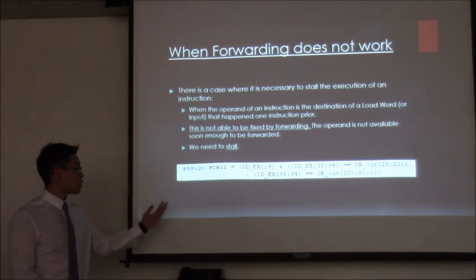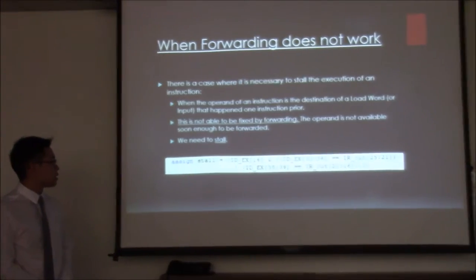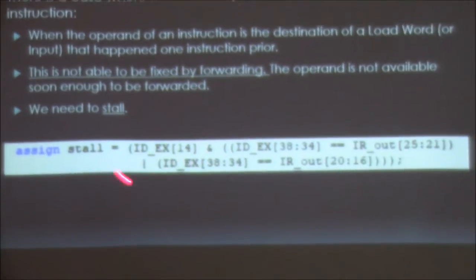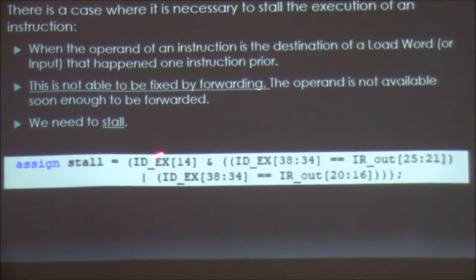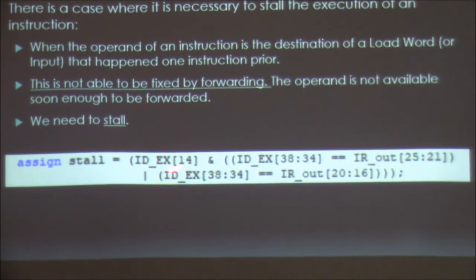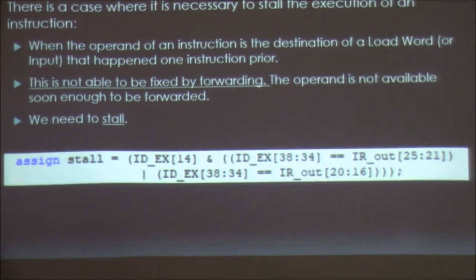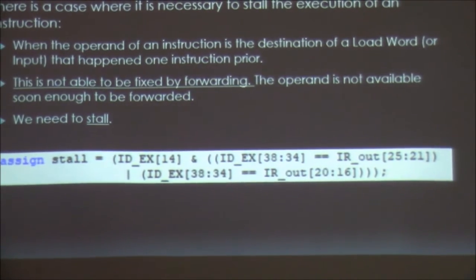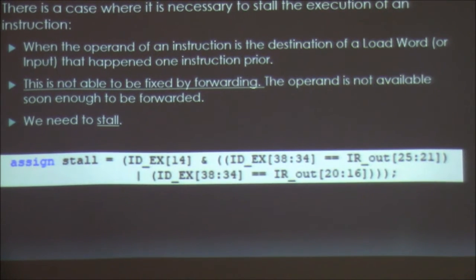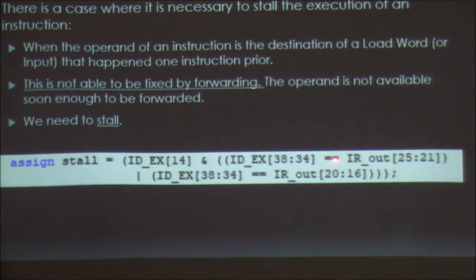We implemented a stall by checking to see if the instruction is a load word. This is the signal to check if there's a read on the memory, and it also checks to see if the destination register of the load word is equivalent to any of the operands, RS or RT, of the following instruction.